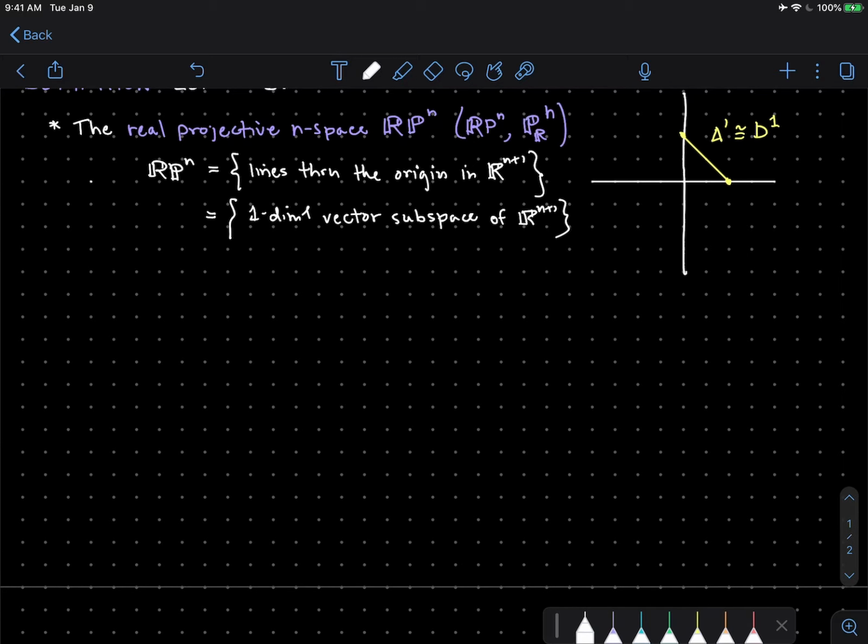So every line in the plane, let me draw this so it's more even. So every line in the plane that goes through the origin is determined by a length 1 vector, so a unit vector.